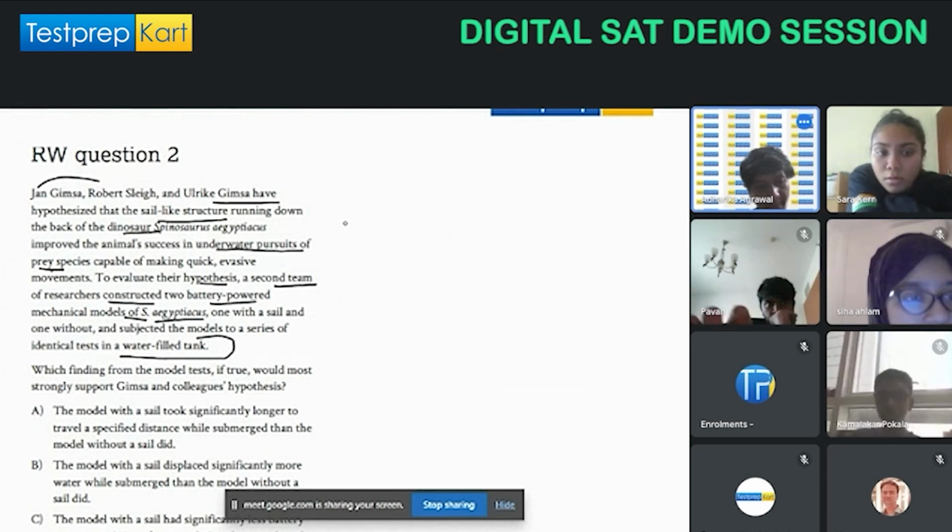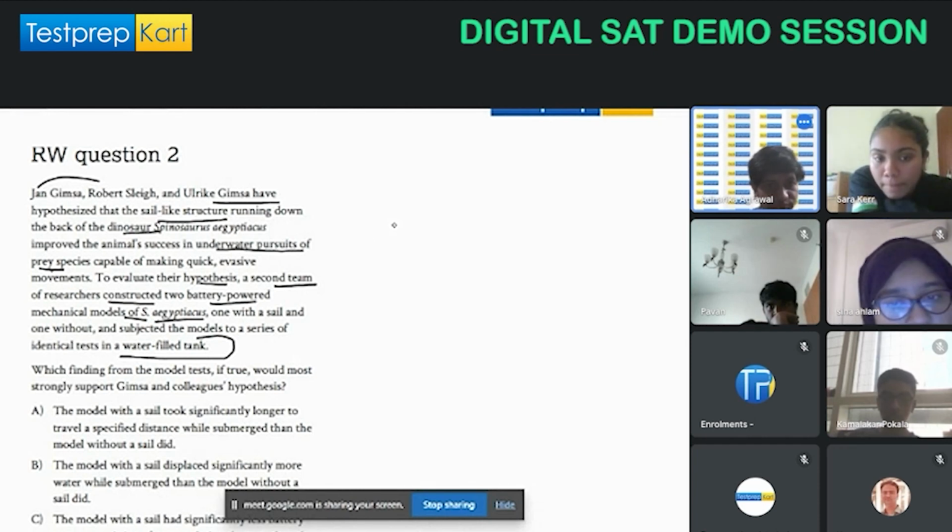If the dinosaur had a sail-like structure on the back, it would let them go faster underwater and help them make faster sharp turns. And the opposite would happen with the dinosaur that doesn't have the sail-like structure. Is this Sarah? Yeah. Okay, next.